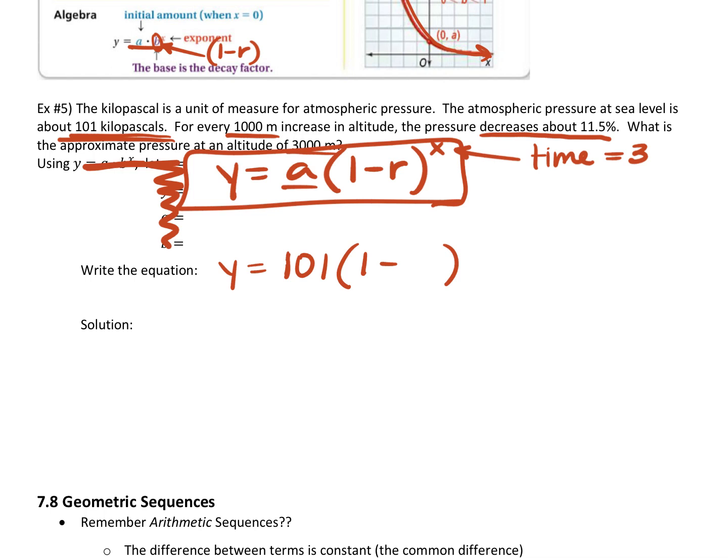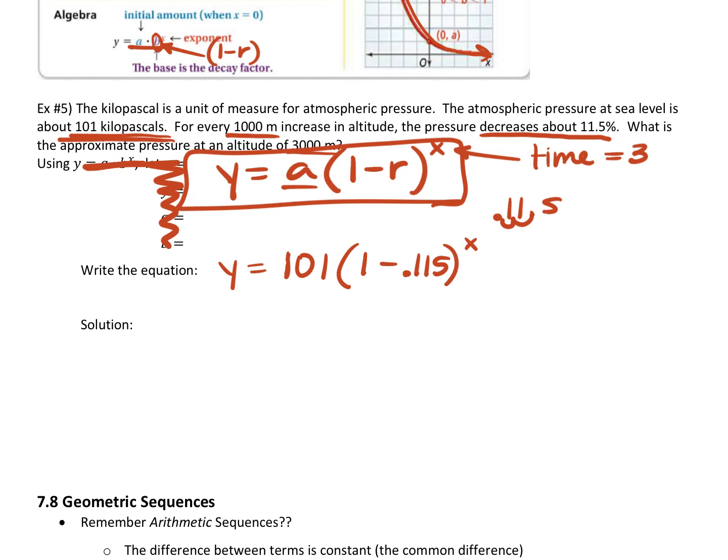What is your rate? 11.5%, how do you write that? 0.115. So you take 11.5% and you divide by 100. 0.115 to the x power or to the t power. So this would be your equation.